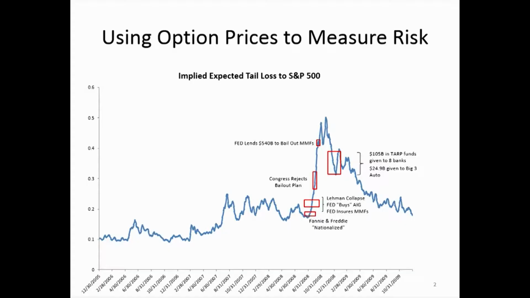But the interesting thing here is as soon as the market came to the conclusion that you were having a resolution and then a guarantee later on of essentially the assets in the system, then the prices of protection fell quite dramatically back down, not to the Great Moderation period, but to the pre-Lehman level, around 20%.